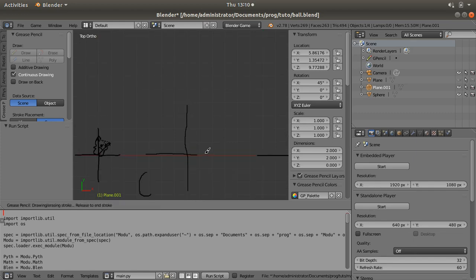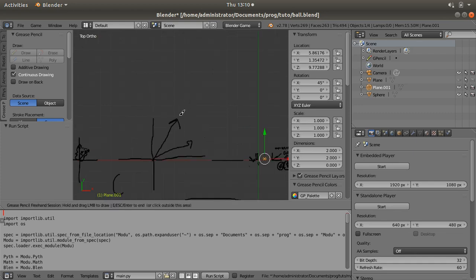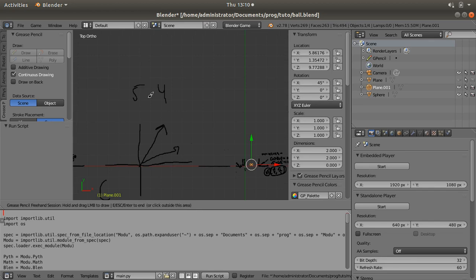It doesn't matter what they are, but let's just say one vector has a magnitude of 5 and another has a magnitude of 4. You multiply those together, you get 20.